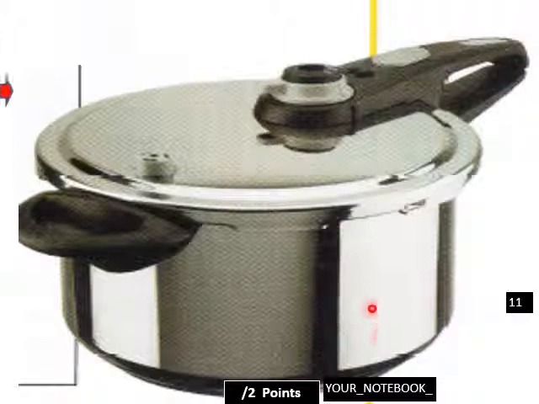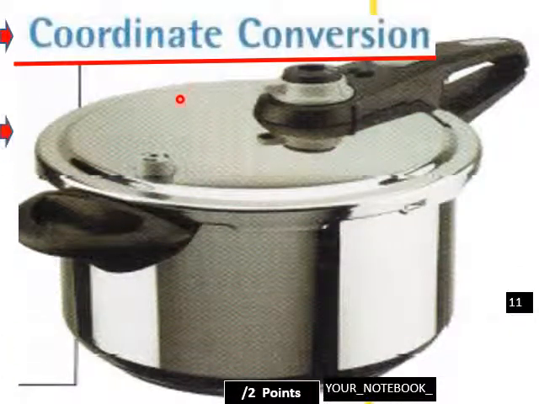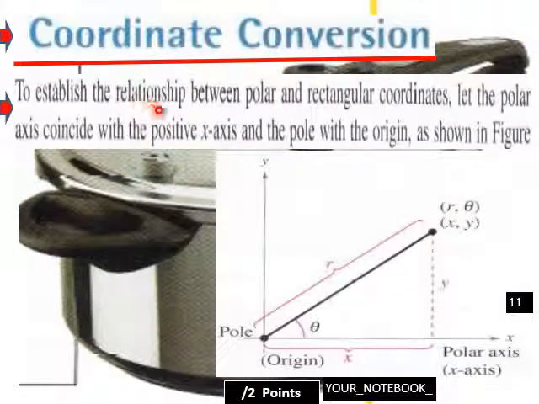Okay, moving on here. Coordinate conversion. To establish the relationship between polar and rectangular coordinates, let the polar axis coincide with the positive x-axis and the pole with the origin, as shown in this figure here.